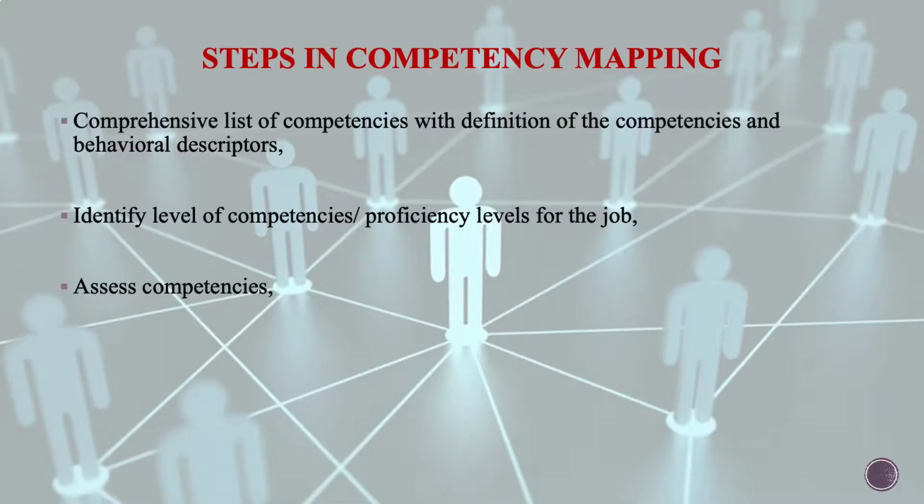That talks about the desired level of proficiency. The next step in the competency mapping process is assessing competencies to measure the extent to which a given individual or group of individuals possess the competencies required for a given job role. So through this process of assessment, we identify the actual level of competency that a person possesses.